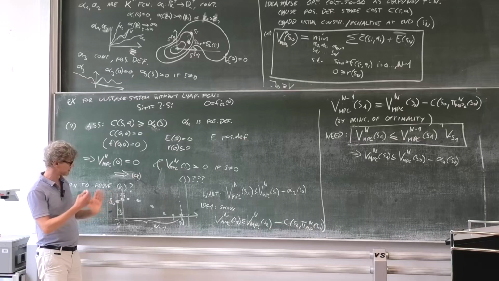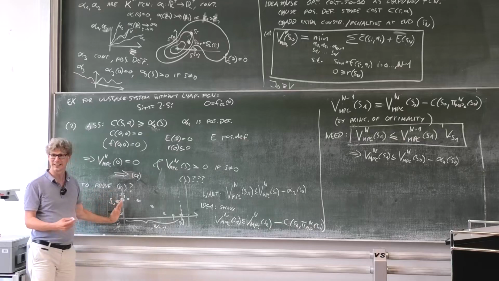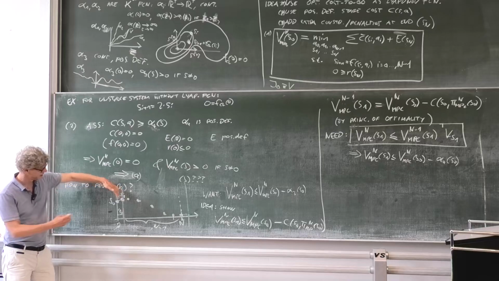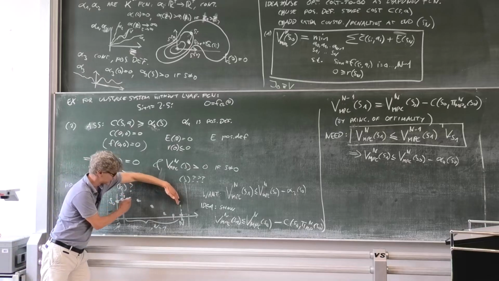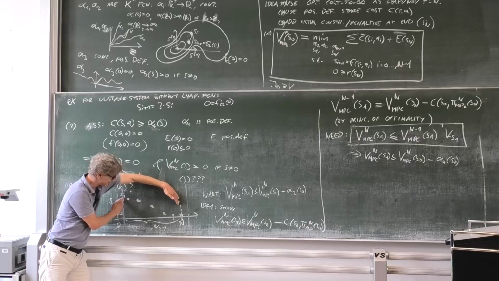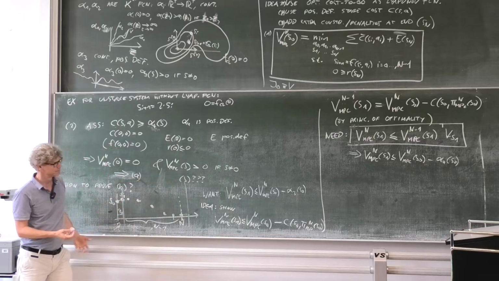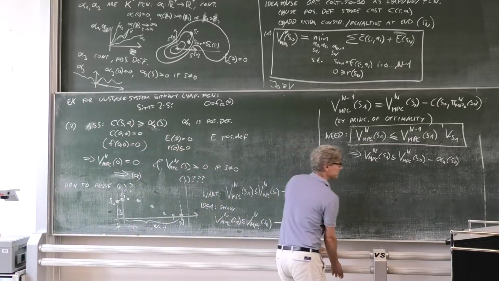So I compare two problems, namely one with horizon n and the other with horizon n minus 1. And I compare them, actually here I moved forward the horizon and I shrank it, right? But now after this I need to compare actually this one with a shrunk horizon with the one where I prolong it again, right? And so I will actually plot the picture again.